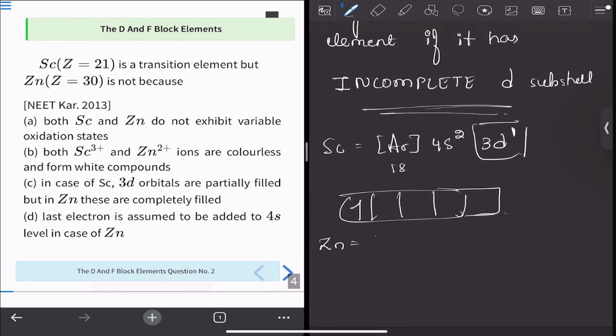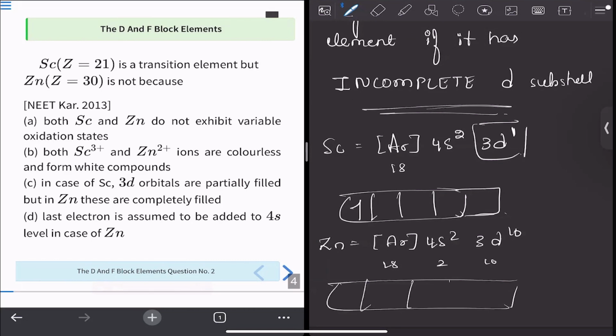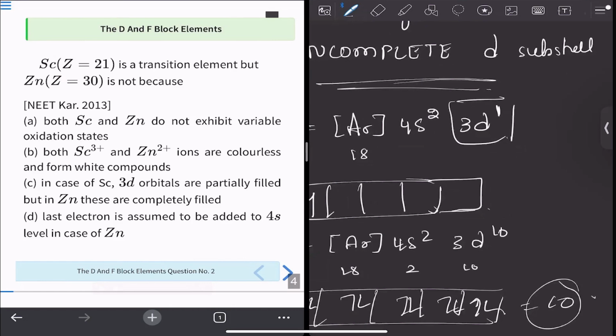If you consider zinc, it has argon 4s2, then 10 electrons are remaining: 3d10. It has 1, 2, 3, 4, 5, 6, 7, 8, 9, 10. This is complete.